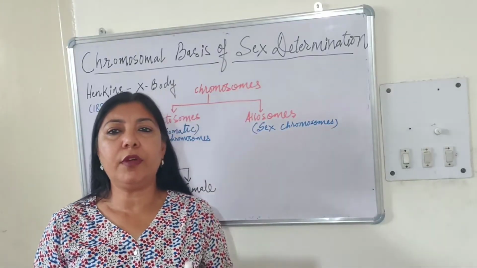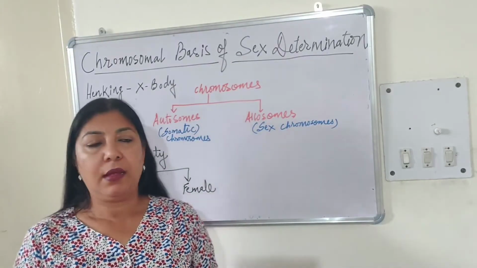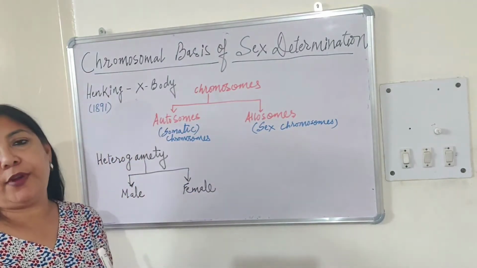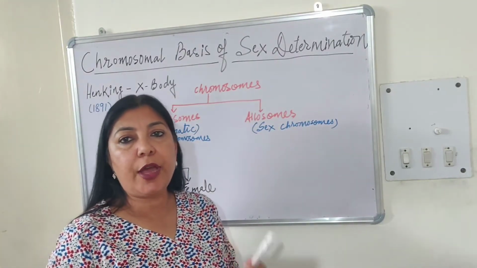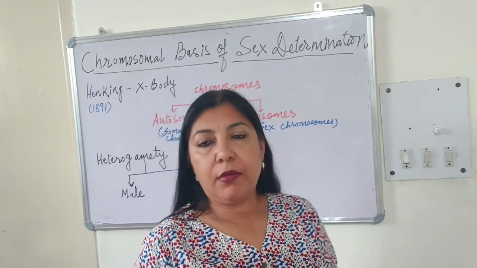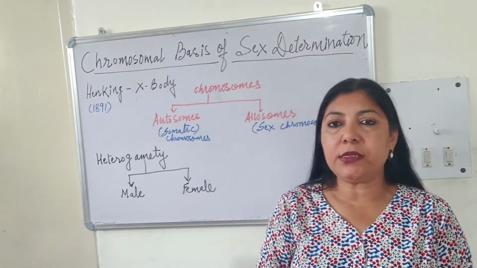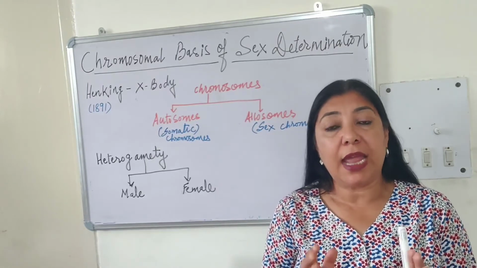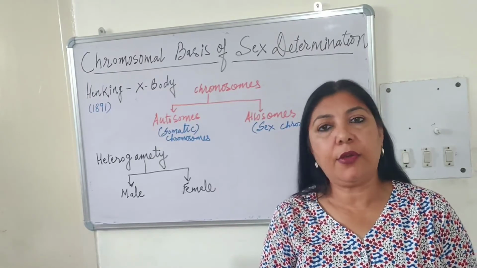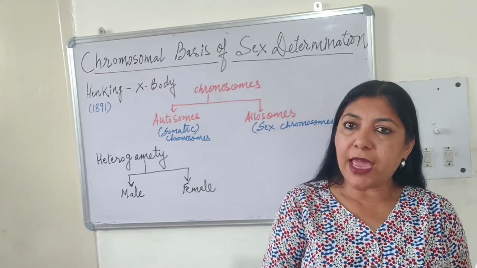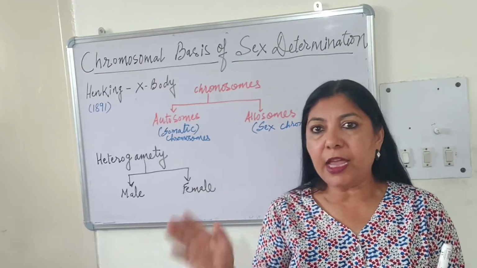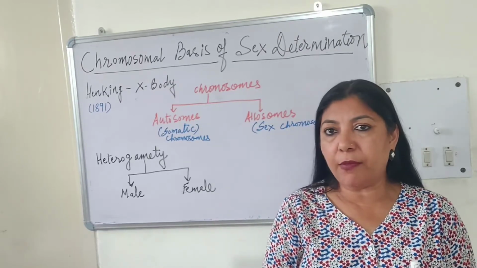What is the meaning of the word heterogamety? Hetero means different, and gamety refers to the production of gametes. When one organism is producing different types of gametes, that concept is called heterogamety. When one organism is producing all similar types of gametes, that is homogamety.